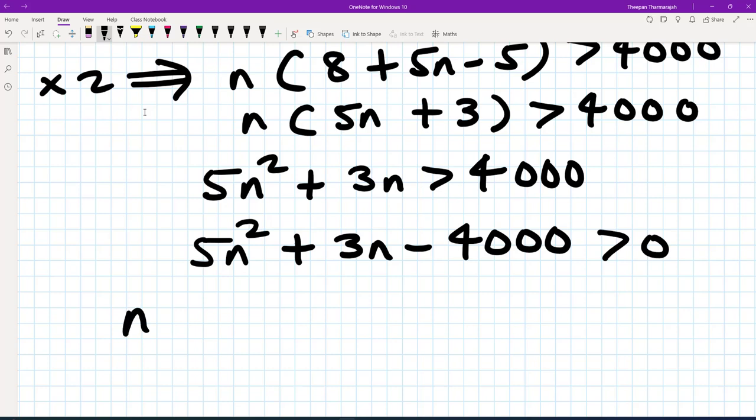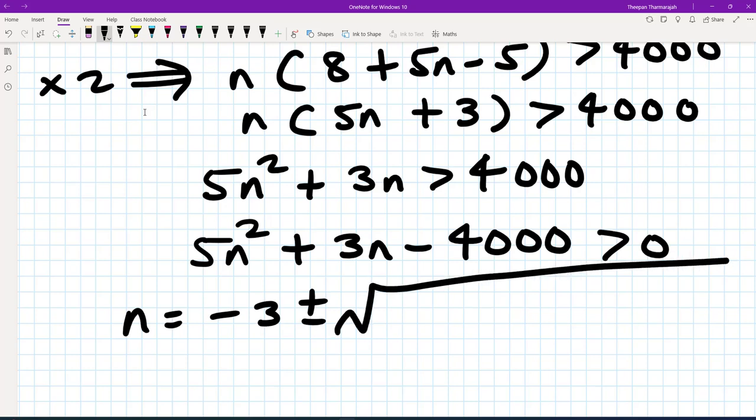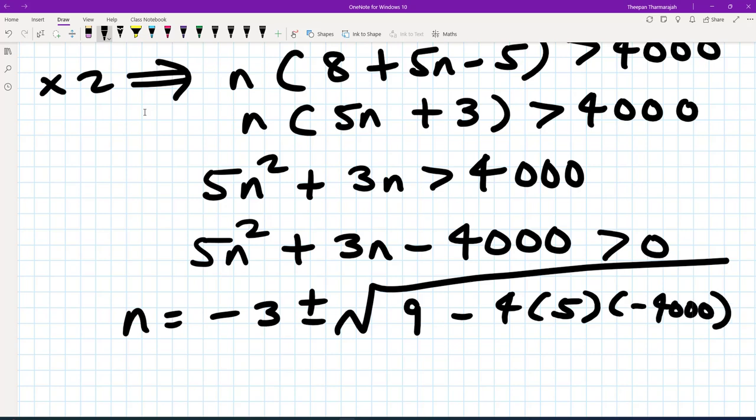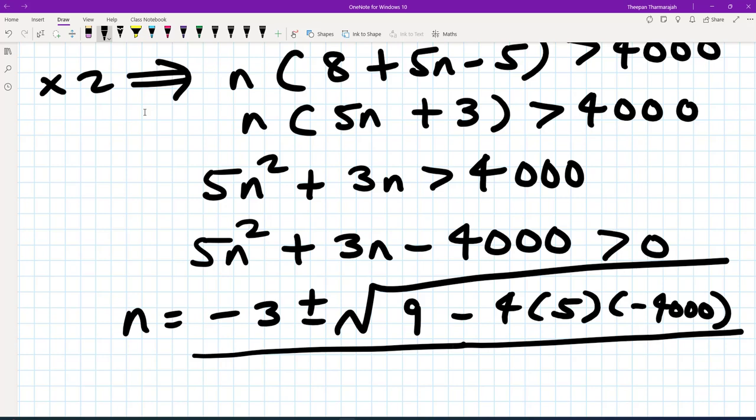So using the quadratic formula, we can say minus 3 plus or minus the square root of 9 minus 4 times 5 times minus 4,000, all over 2 times 5.